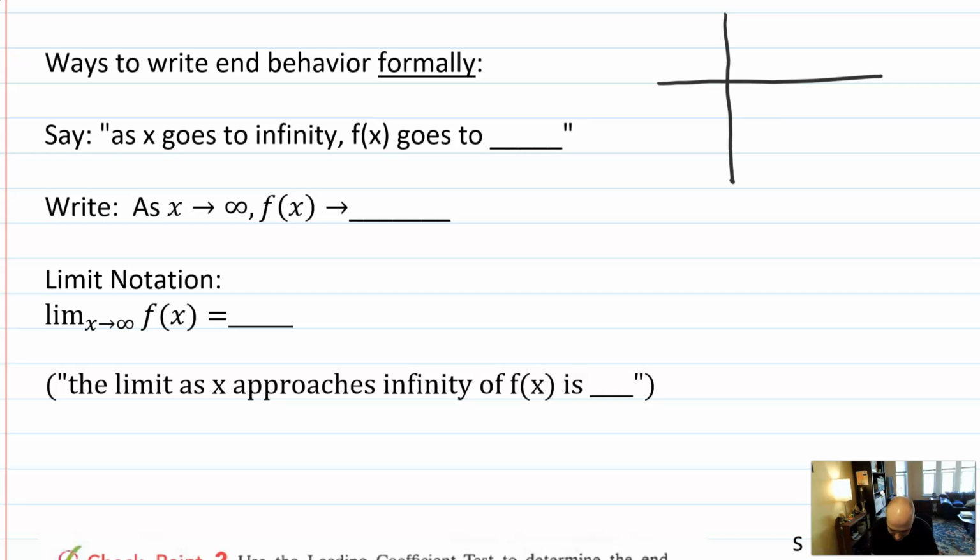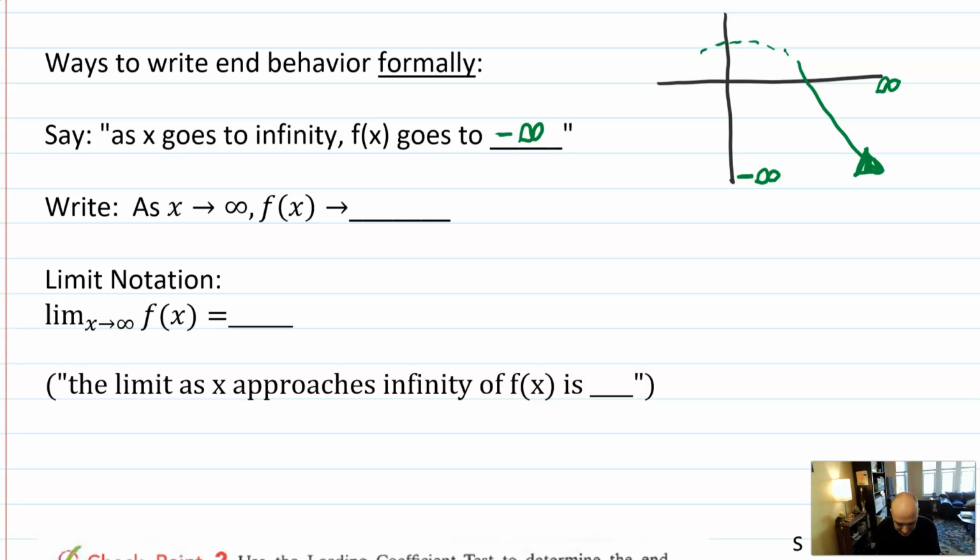So say that I had some graph that had end behavior that I would draw as an arrow towards negative infinity. Something like this. What I would say is as x goes to infinity, f of x goes to negative infinity. That's what I would say with my words.